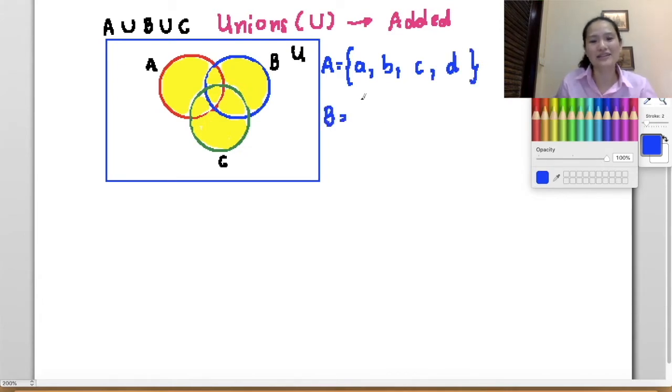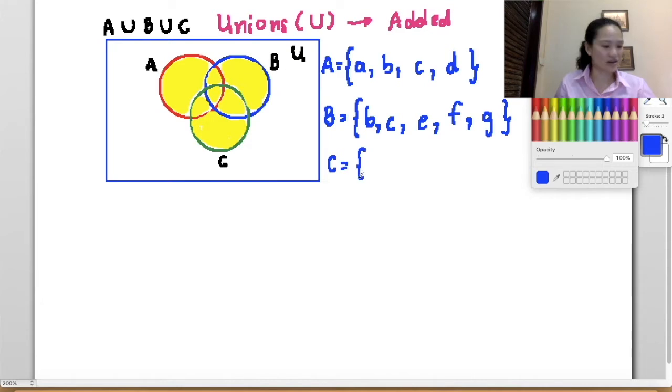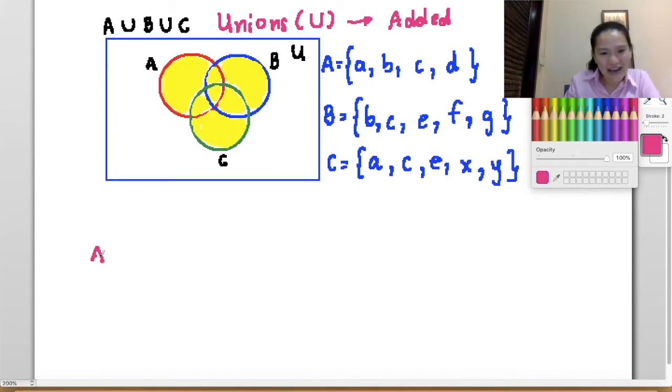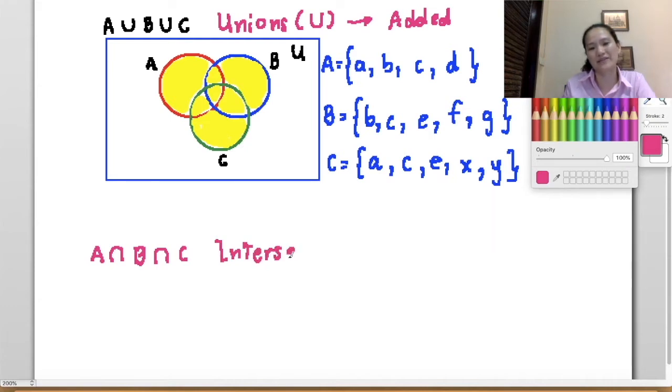Set B has the members B, C, E, F, G. And the members of set C are A, C, E, X, and Y. Alright. A intersect B intersect C. You know the concept of intersect, yeah? Intersection means in common.